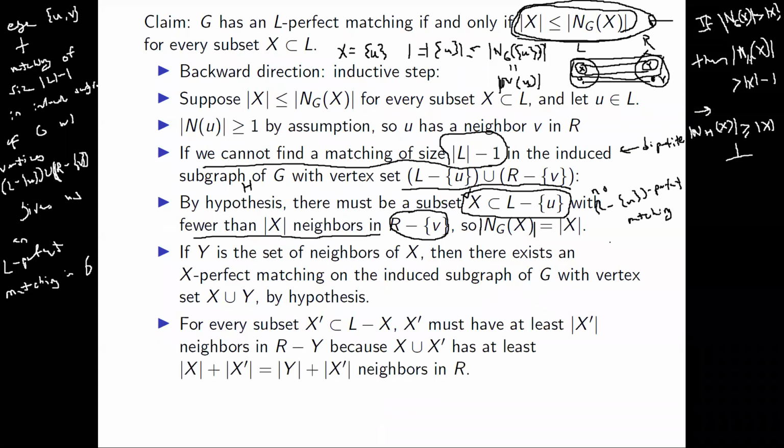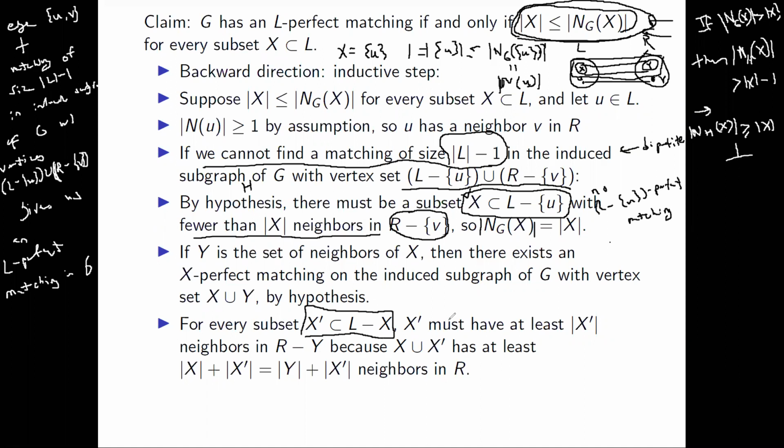So now we're going to look at subsets of L minus X. We've dealt with the X part, and now we just want to deal with the L minus X part. So we can consider all the subsets of L minus X, and then somehow use the criterion up here with the inductive hypothesis. So we take some subset X prime in the L minus X part.